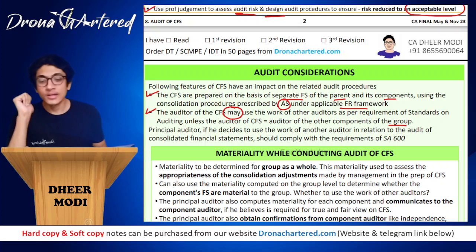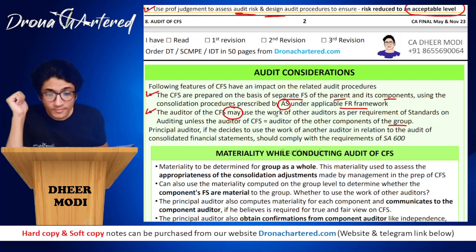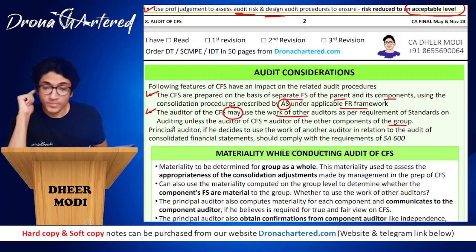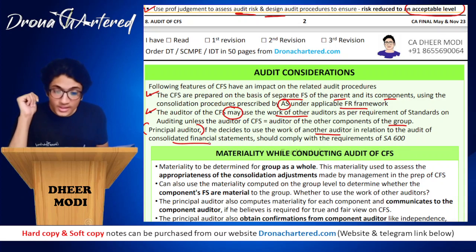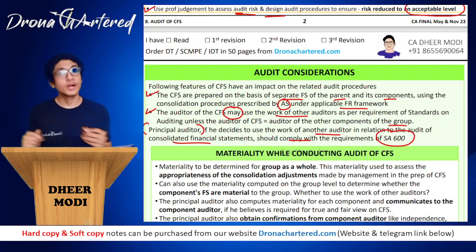Otherwise, he can use work of other auditors. If your principal auditor decides to use work of another auditor in relation to the audit of CFS, he should comply with the requirements of SA 600.